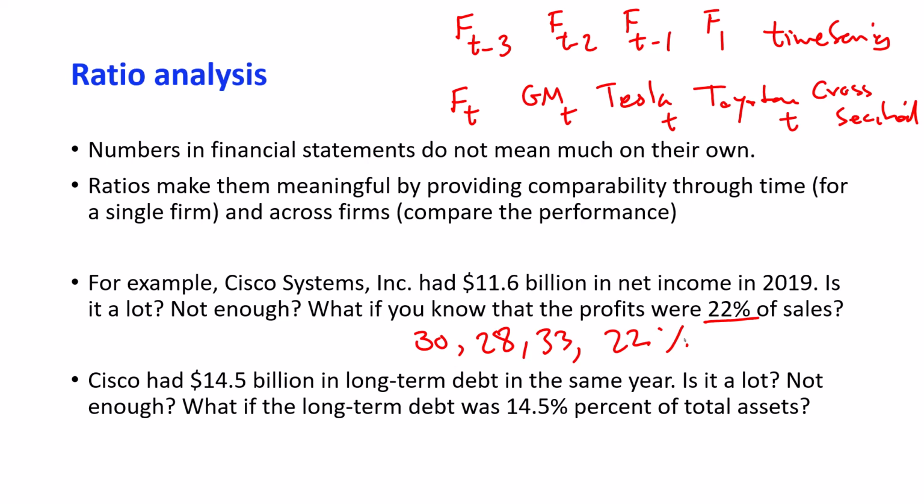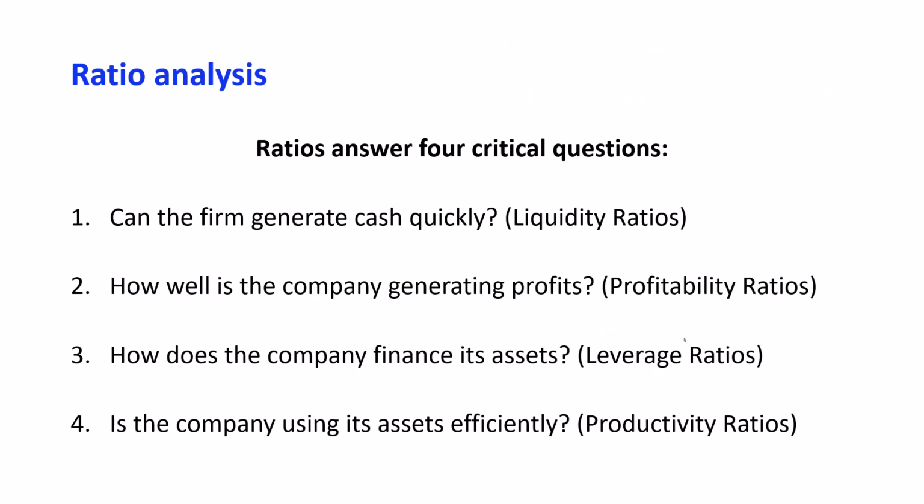So in terms of ratios, we are going to have 4 broad categories. The first one is the liquidity ratios. In other words, can the firm generate cash quickly? The second one is profitability ratios. How well does the company generate profits?